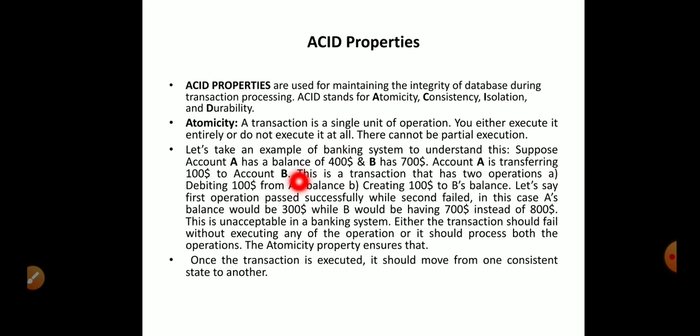Account A has to transfer 100 to account B. This transaction has two operations: debiting from A's balance and crediting 100 to B's balance. Either both operations should complete successfully or none should be done. This property is called atomicity.